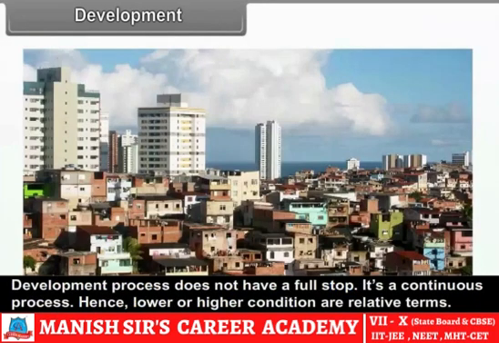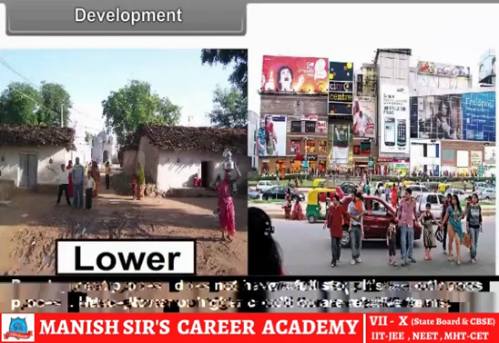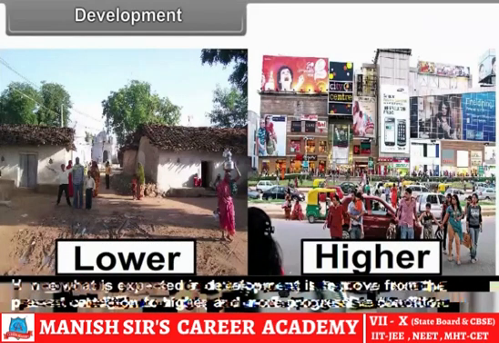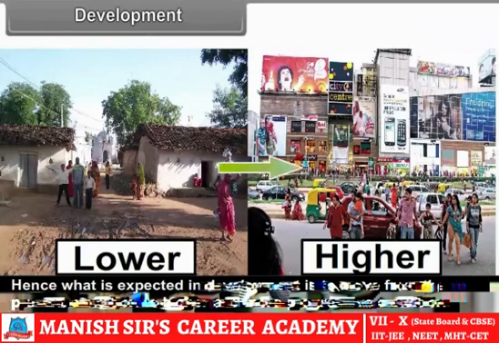Development process does not have a full stop. It is a continuous process. Hence, lower or higher conditions are relative terms. Hence, what is expected in development is to move from the present condition to a higher and more progressive condition.